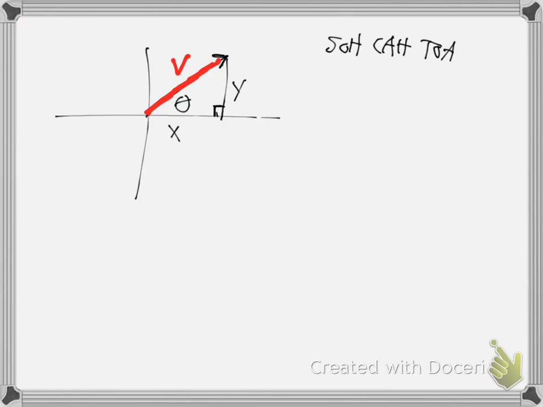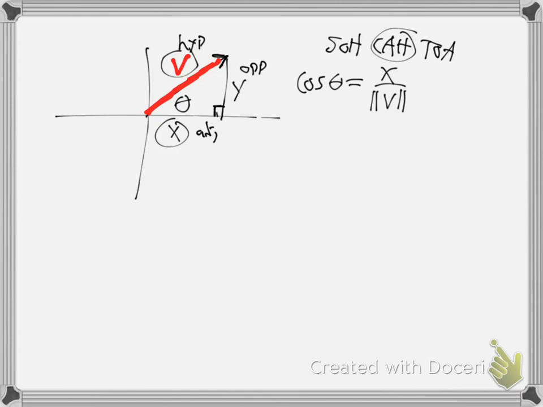So if I start with cosine, what's cosine of theta going to be? I'm just proving that formula's right. Cosine, this is adjacent side, this is opposite, this is hypotenuse. So cosine would be adjacent, which is x, over the magnitude of v, the length of v, right?